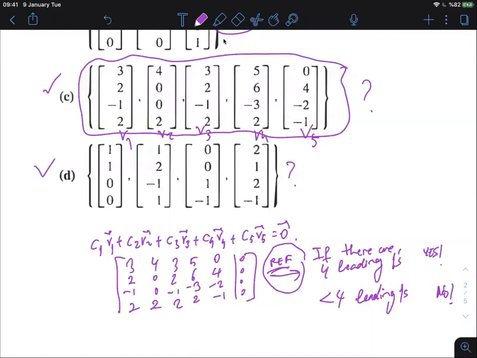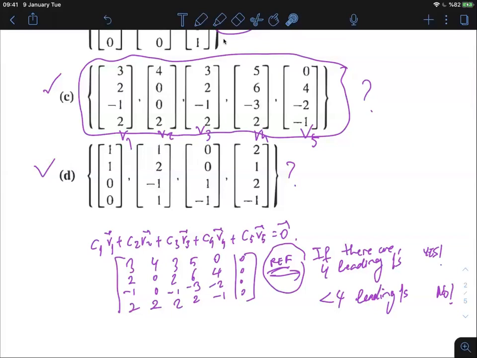You have to check. For example, for this one, is there an easy way to check it? I don't see one. For part C, you see V3 and V1 are the same vector, so you can easily get rid of V3 here. That remains V1, V2, V4, V5.